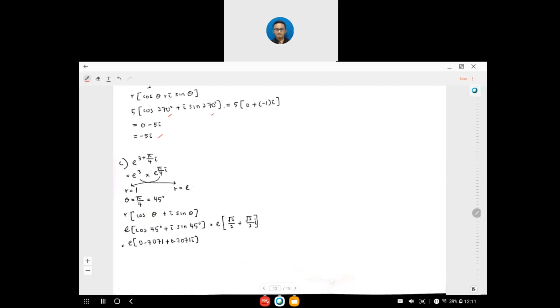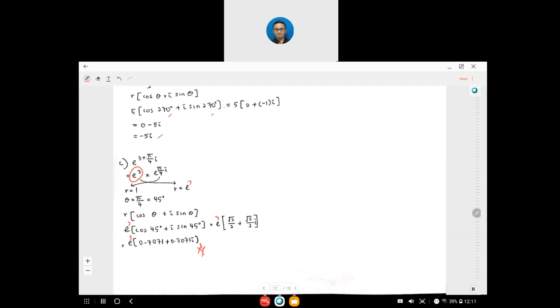Why is R there? Because it is multiplied here. This is the value of R. Theta equal to 45. This exponent power 3 is the value of R. Can? Okay.